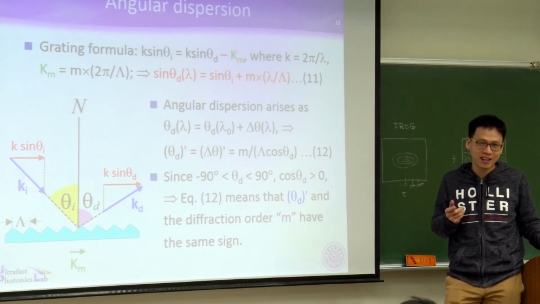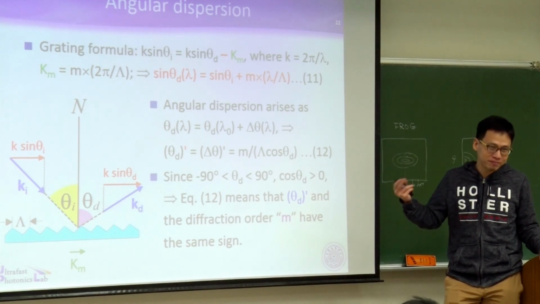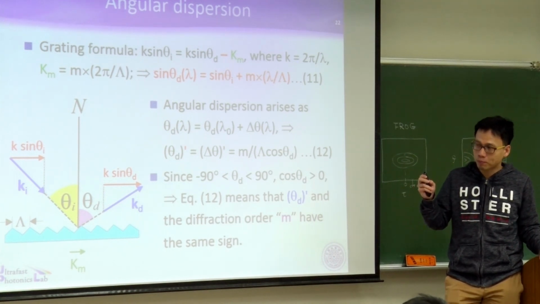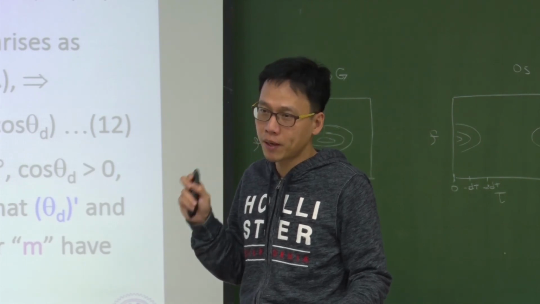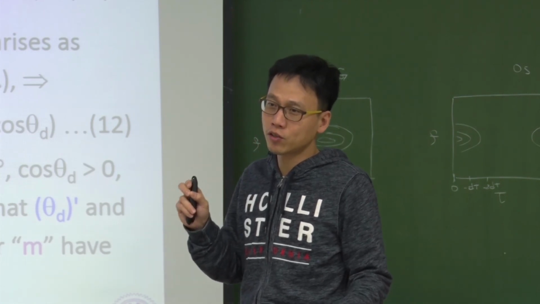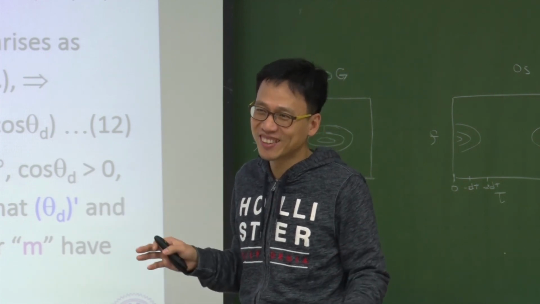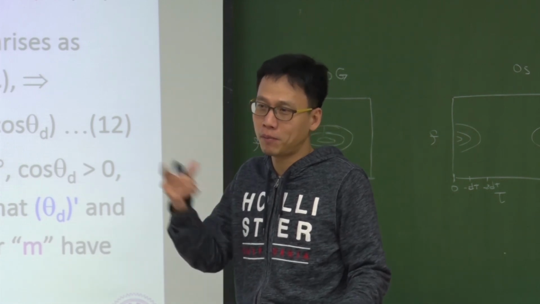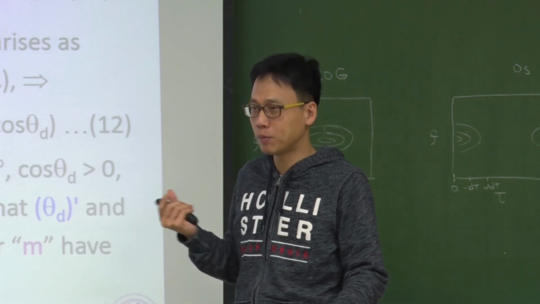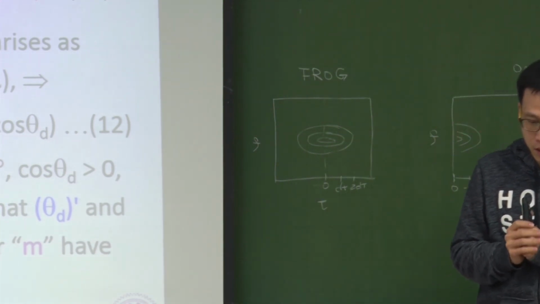In theory, every n has some power distribution, but the designer will purposely make some specific diffraction order extremely efficient, while other orders are very inefficient. In that case, we only look at a single n, like -1, if it is designed for n equals -1. Any questions?